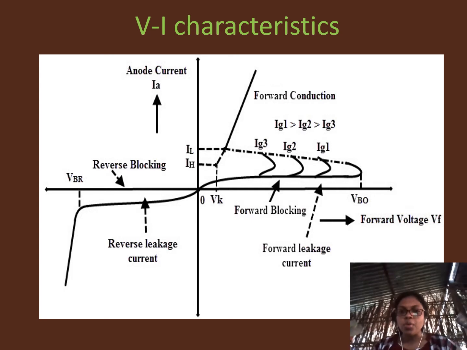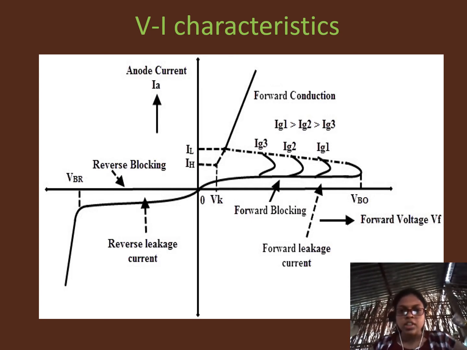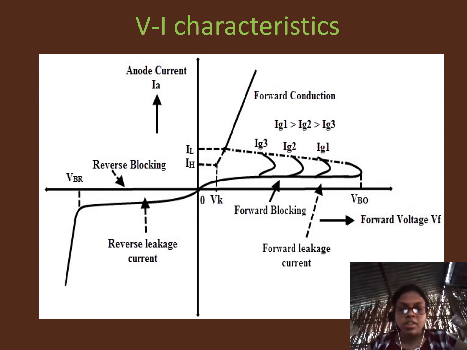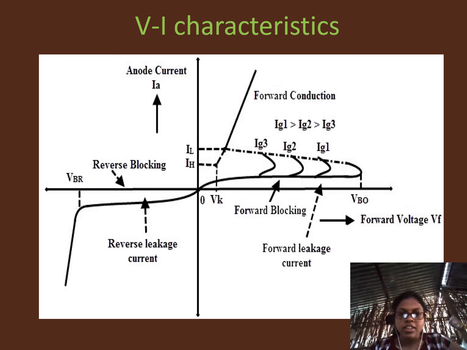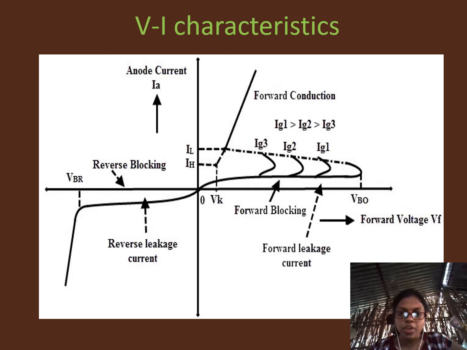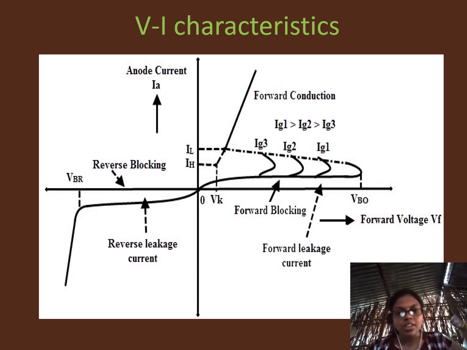In forward blocking mode, if the terminals of SCR, anode and cathode, are open, then this device remains off. As we give the gate signal to the SCR and increase the gate current, the SCR is going to turn on.